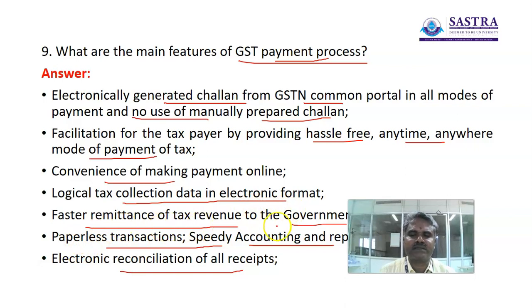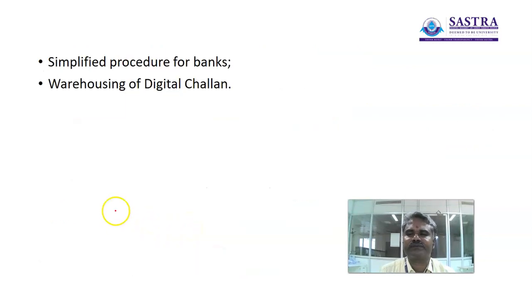Faster remittance of tax revenue to the government account. Then paperless transaction, then speedy accounting and reporting. They are the features of the GST payment process. Then simplifying procedure for payment, very simple. Then warehousing of digital challan. So they are the advantages as well as features of payment.